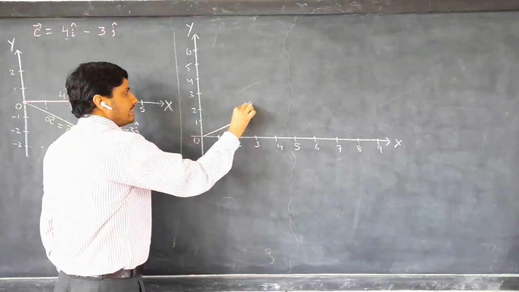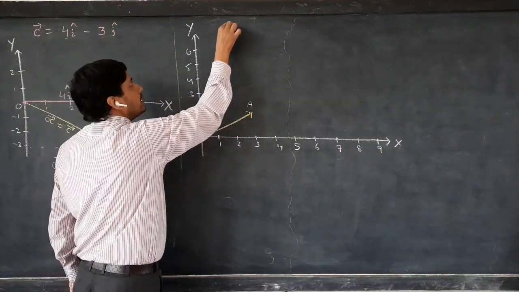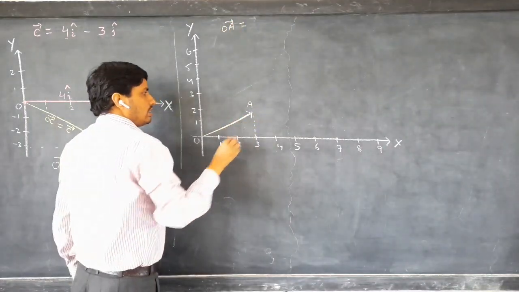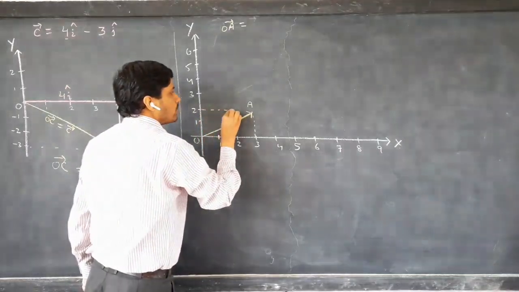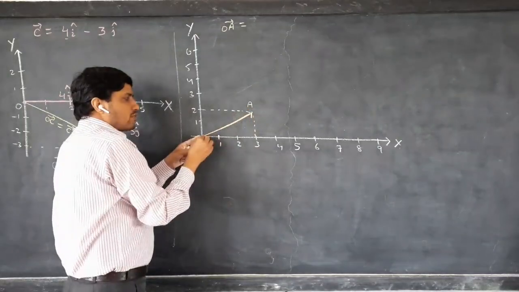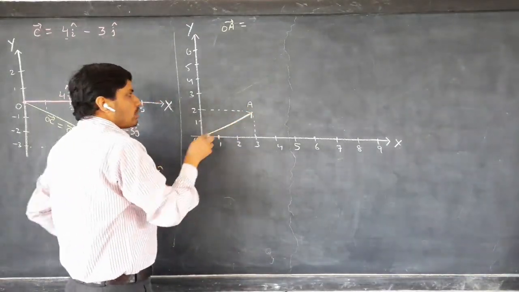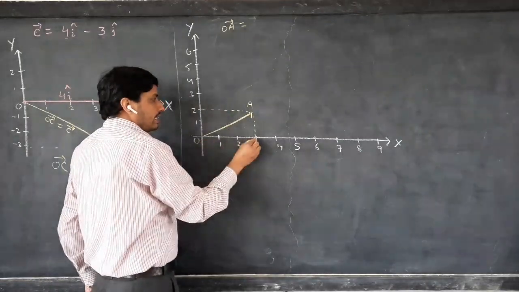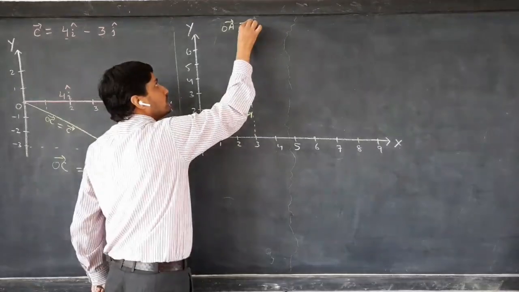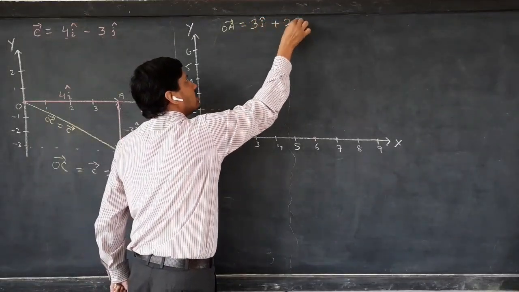Let me name it as A. So what is our OA vector? Students, drop a perpendicular from the tip of the vector. To reach this point, I have to move 3 units along the x-axis and 2 units along the y-axis. So our OA vector will be 3 i cap, this is i cap, and this is j cap, so 3 times i cap plus 2 times j cap.